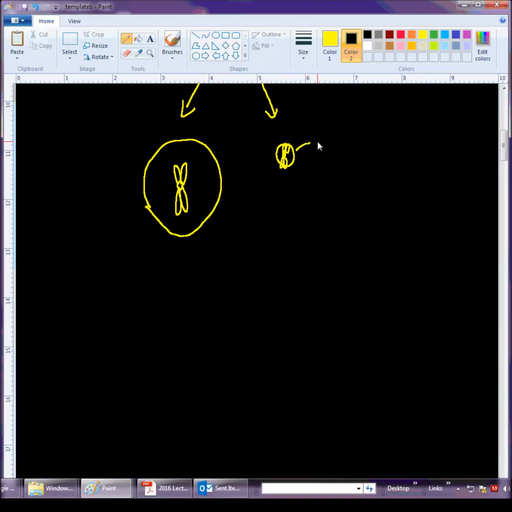And the polar body is really small. You can hardly fit that chromosome in there. First polar body. And this one right here is the secondary oocyte. I don't know why that stands for secondary, that 2 degree there, but we'll say that stands for secondary oocyte.